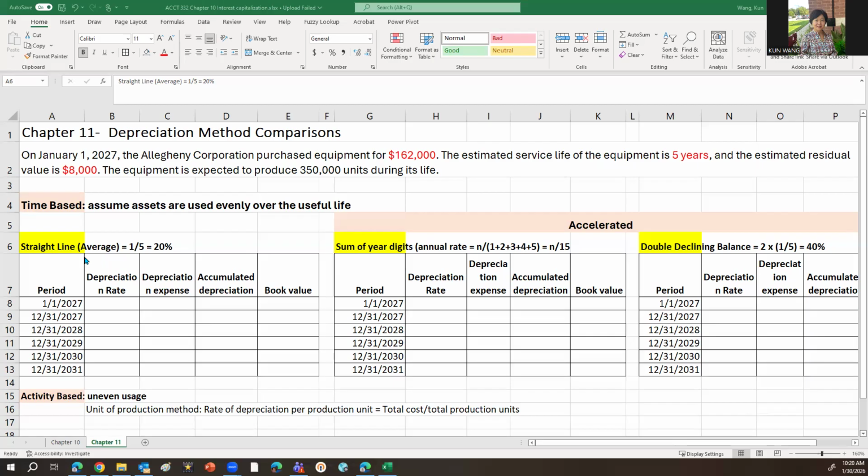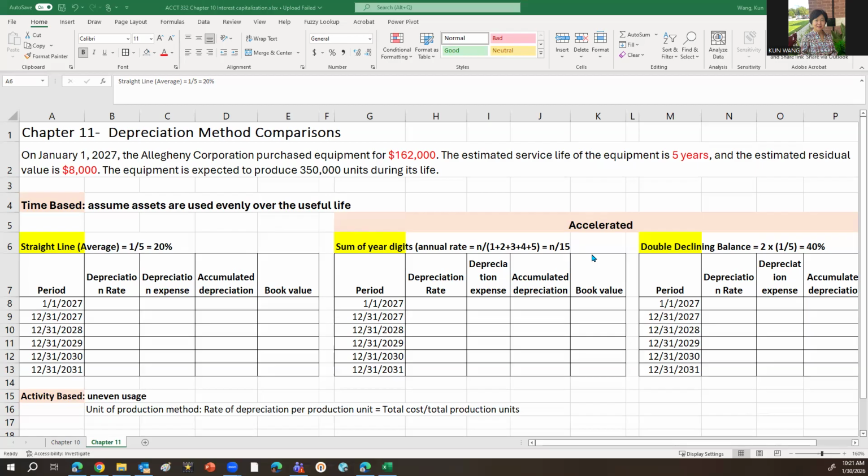But with technology continuing to develop over time, we have lots of tech or innovation related equipment, like computers and high tech equipment. For those types of assets, the value decreases rapidly in the first few years, or the early periods of the useful life. Maybe after 2 years, 80% of the value is already gone.